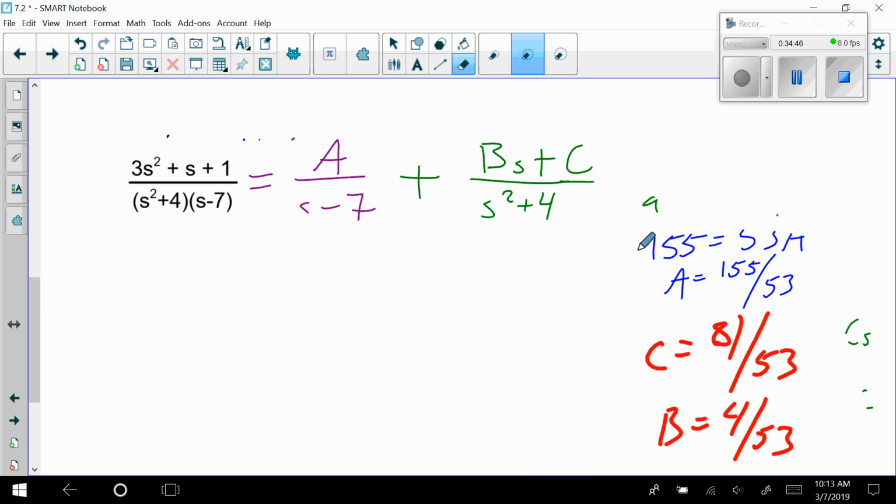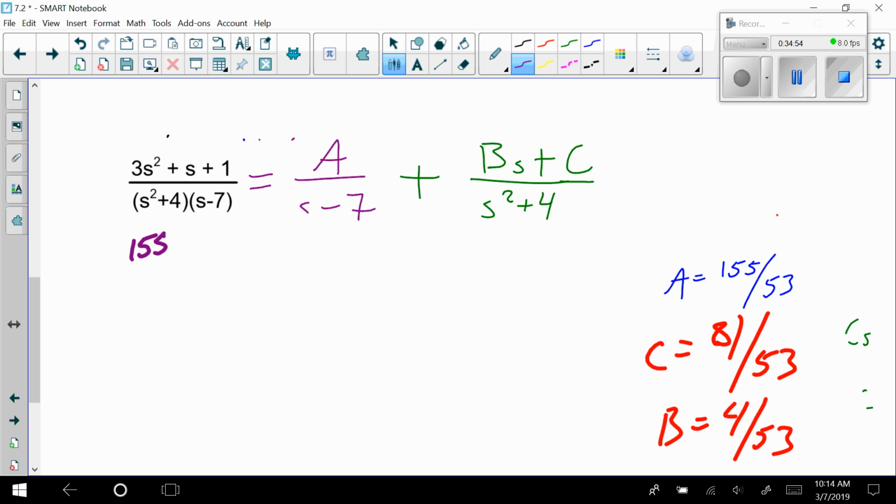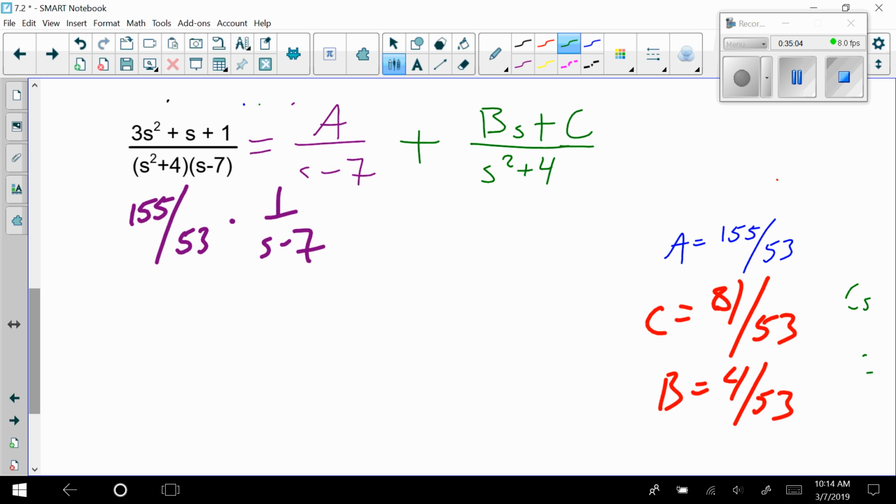Now that I've done all that work, right? I've done all the hard work. Now I just got to replug this stuff in. So this A part, well, that's 155 over 53 times 1 over S minus 7. Then my B, okay, now it's slightly trickier, right? But I can break this.